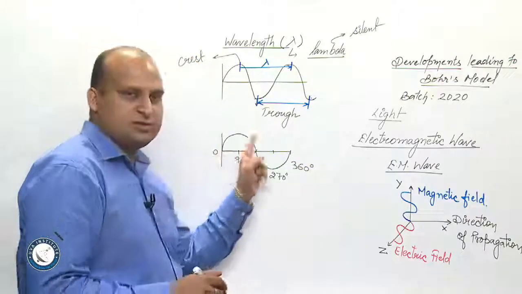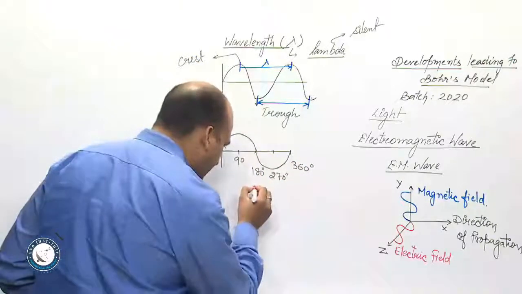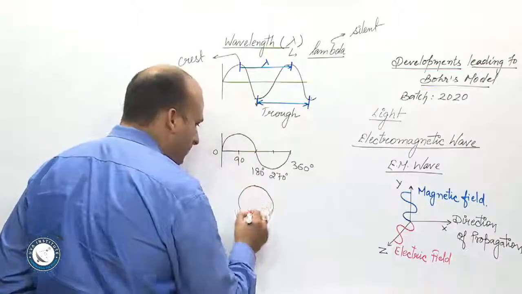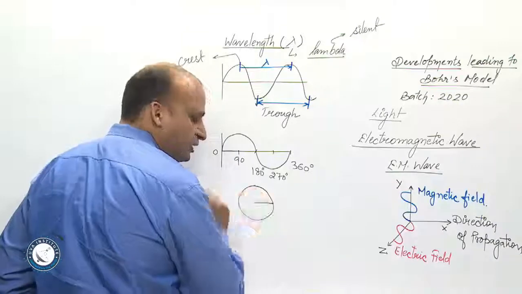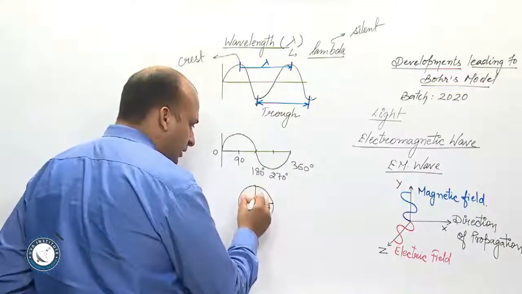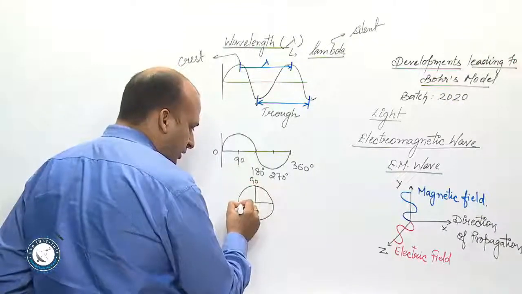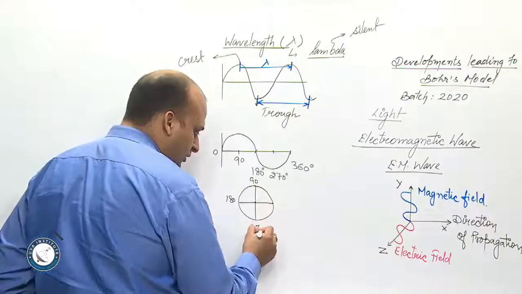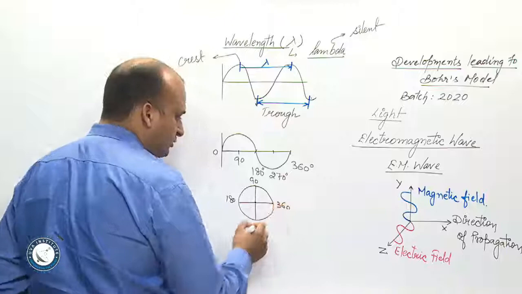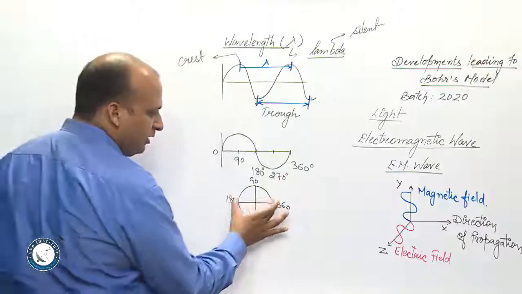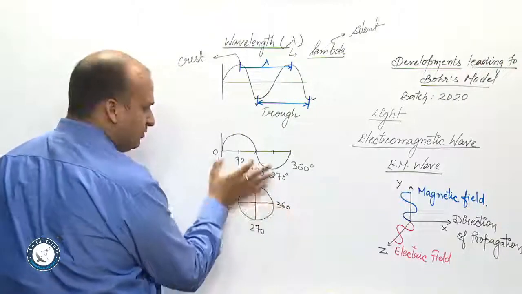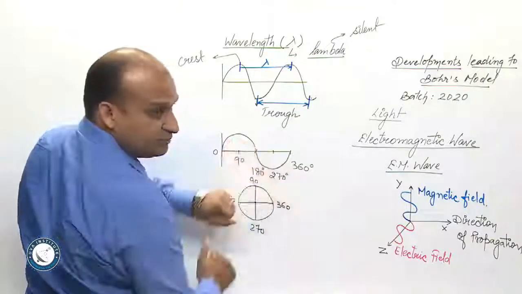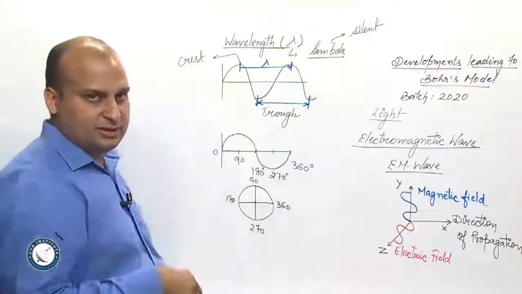If you see it in terms of a circle, it starts from here: here you have 90, here 180, here 270, here 360. This is the upper half and this is the lower half. So this is how the angles are calculated.